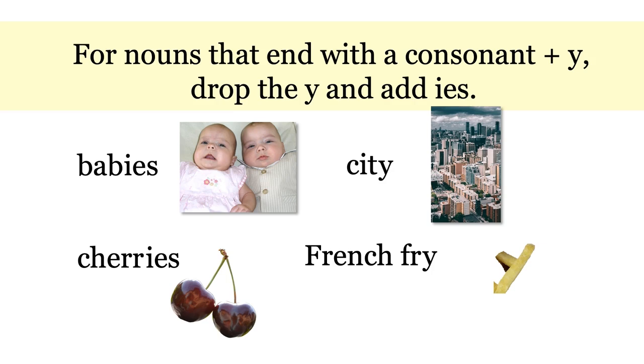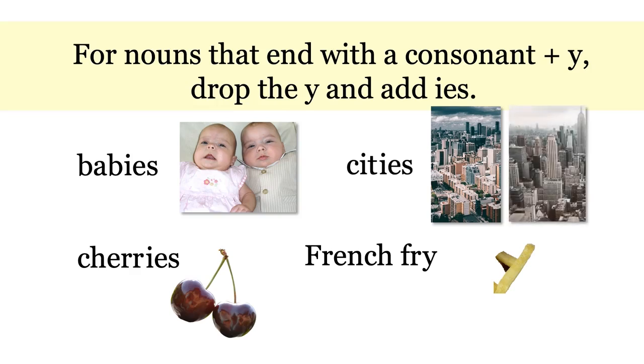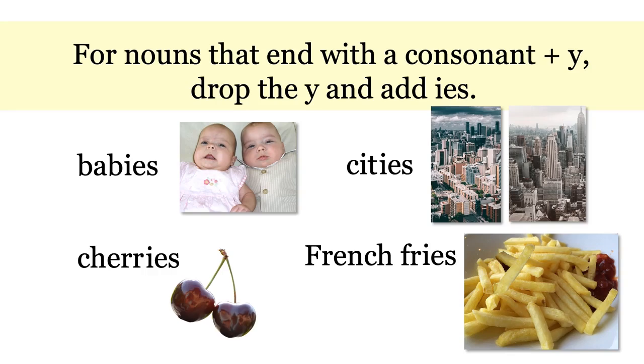Look at the word city. City ends with TY. That is also a consonant and a Y, so again, we drop the Y and add IES. Finally, here is 1 French fry. If we want more than 1, we need to drop that Y and add IES. And now we have many French fries.